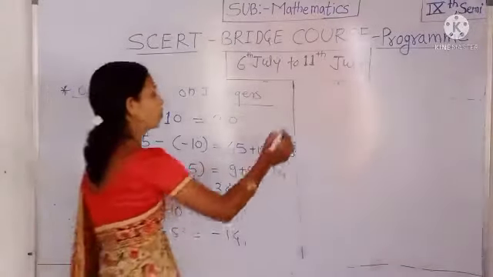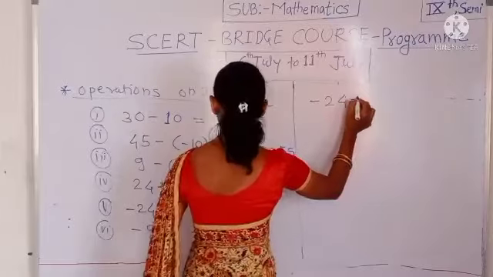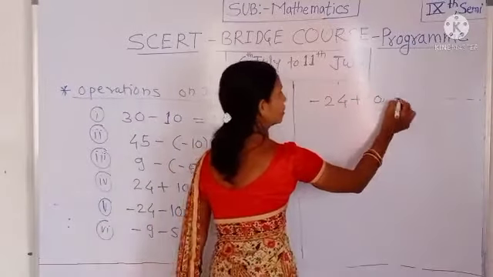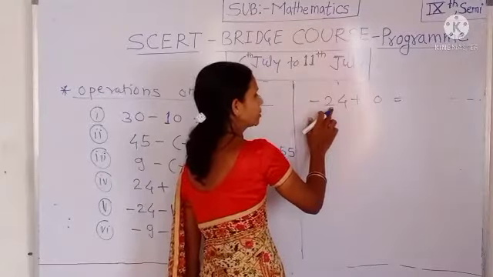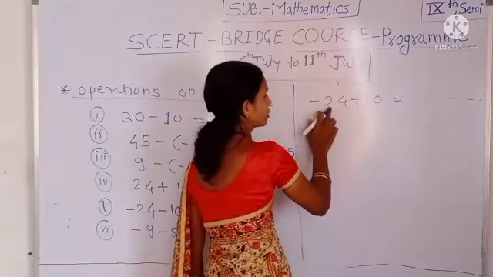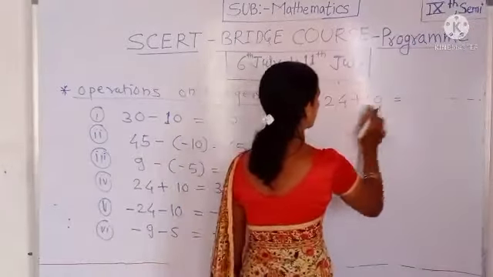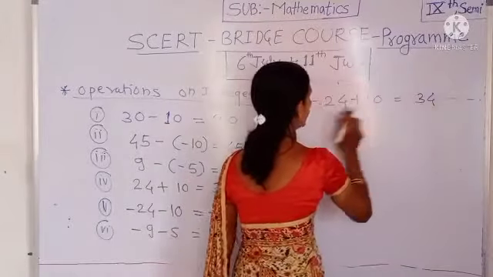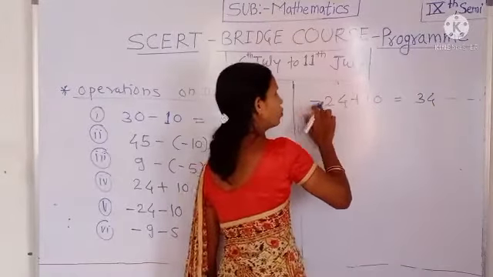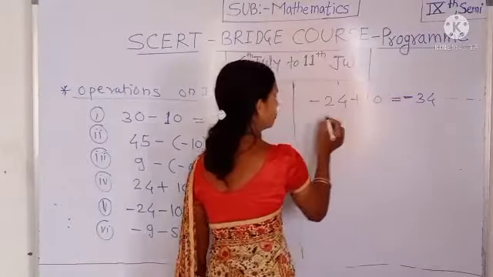Then a few more examples, see here, minus 24 plus 10. See here, one of the numbers is negative while the other is positive. Therefore here we can do the subtraction, that is 34, and we give the sign of the greater number, minus 34.